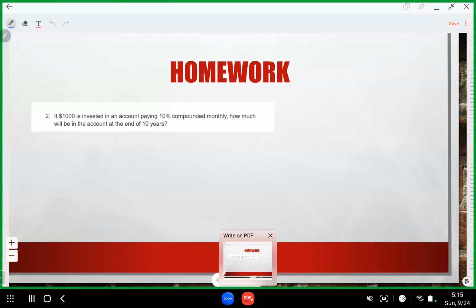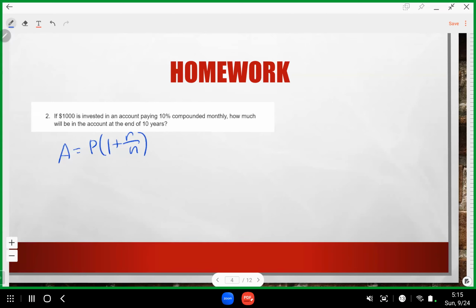So the formula is A equals P times 1 plus r over n, and then to the power of nt. A is equal to what? P times 1 plus r over n, to the power of nt.